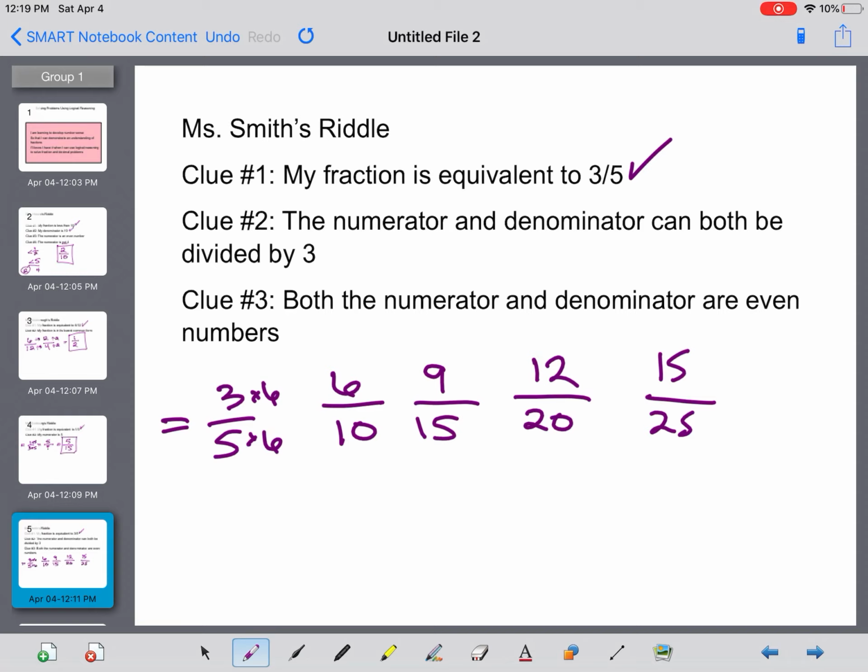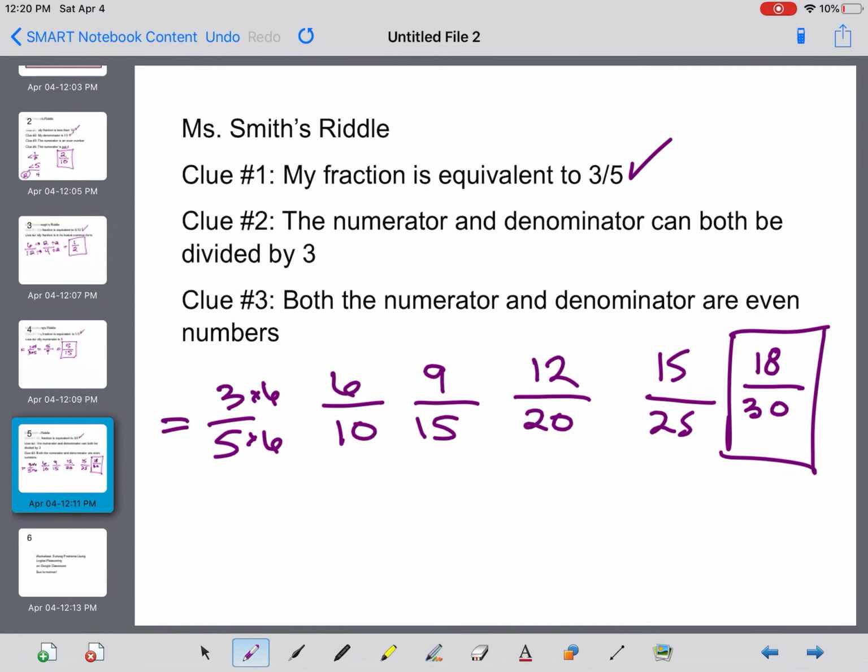We'll do it by 6. 3 times 6 is 18, and 5 times 6 is 30. Now both of these numbers are even, and both can be divided by 3. 18 divided by 3 is 6, and 30 divided by 3 is 10. Therefore the answer to Miss Smith's riddle is 18 over 30.